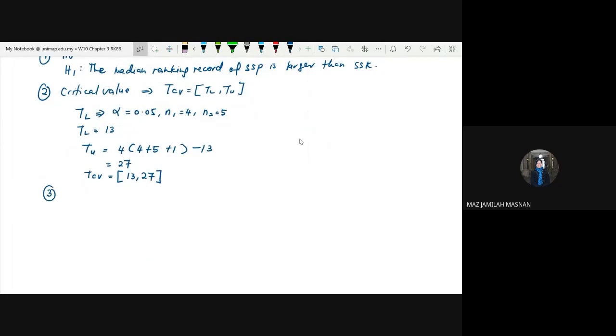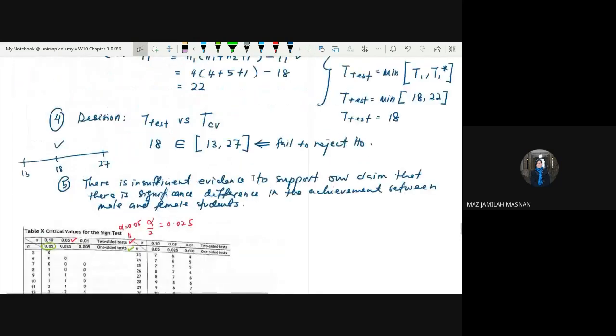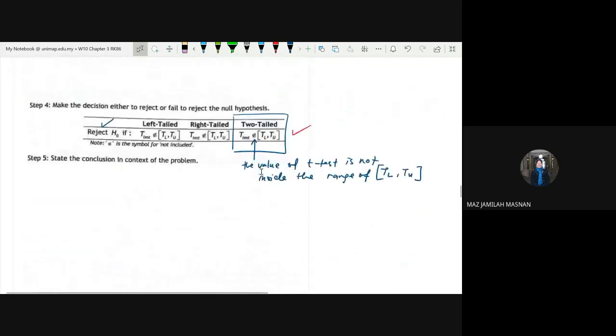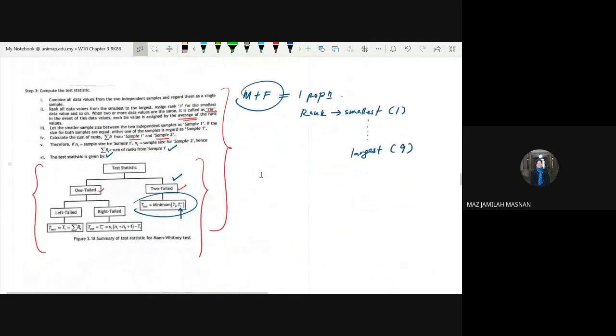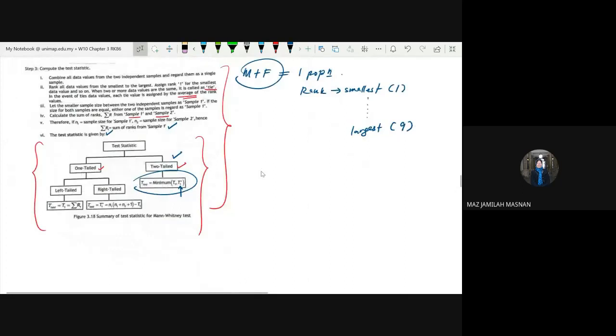Step 3, test statistic. For the test statistic, we are dealing with a right tail test. So you will need to find the t-test using this one. The t-test is equal to T1 star, where you just have to find T1, and T1 is obtained using the formula that we have done before.